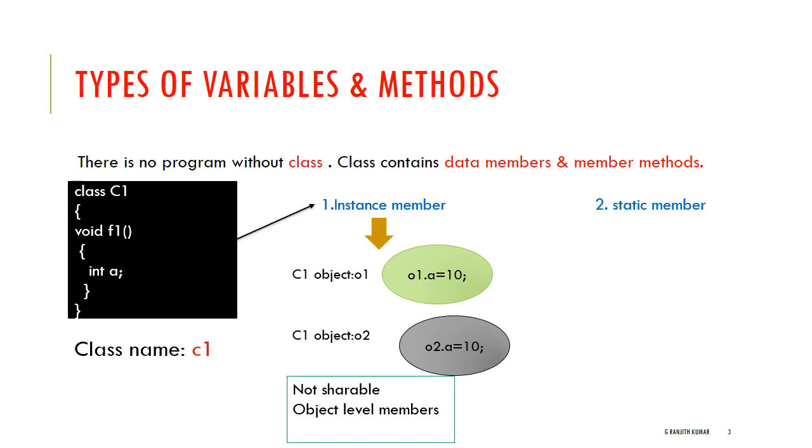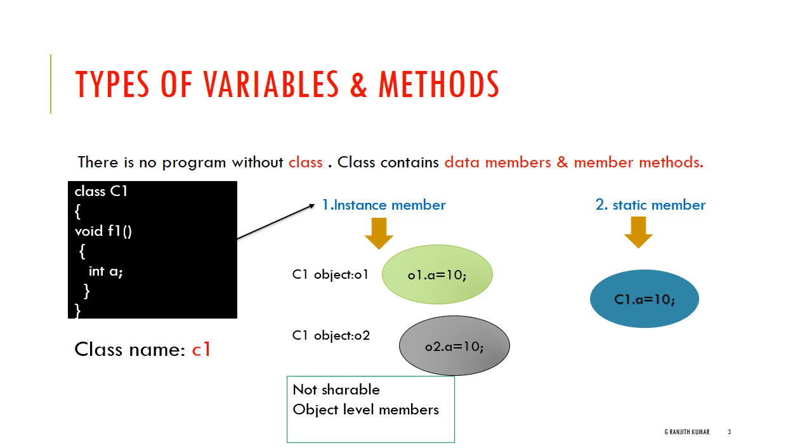Now coming to static members. If the member is static, memory is allocated to the static members only once when the program is loaded into memory, and these members are called using the class name. We can create any number of objects of the class, but irrespective of the number of objects created, static members are allocated memory only once, and that can be called using the class name.